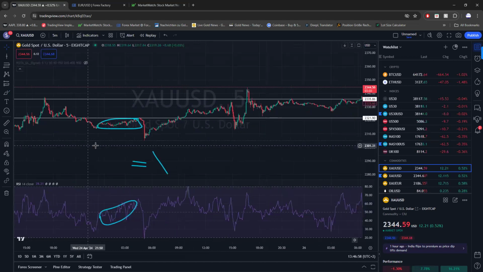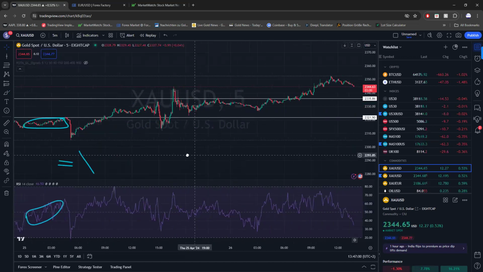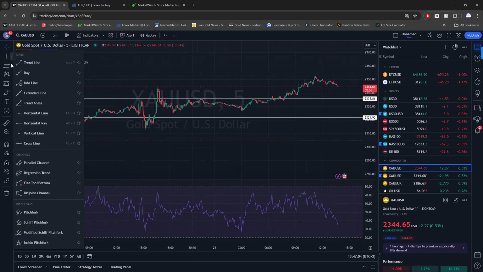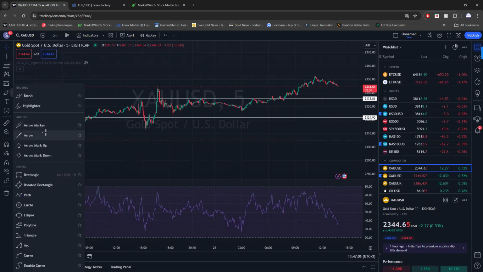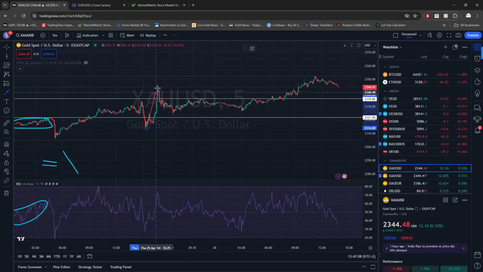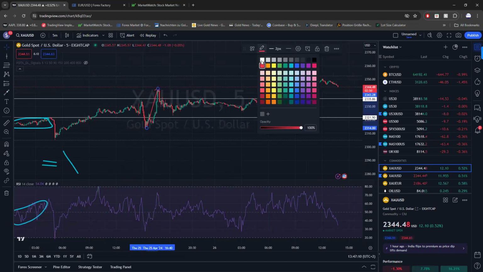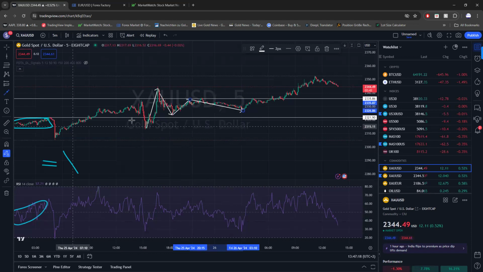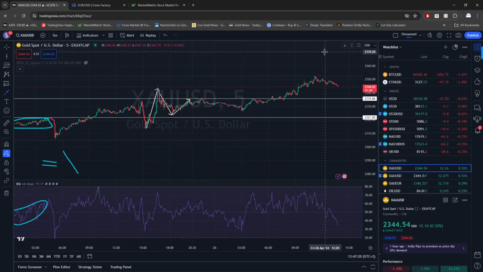Let's look again. You guys remember that we did something like this. We tried identifying these key points in the market like this, like that, right? So to simplify everything, as I said, I want to keep it simple.